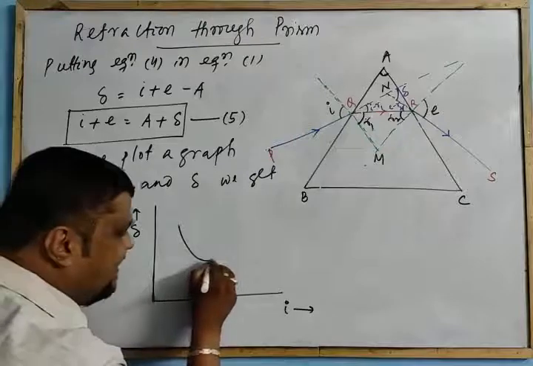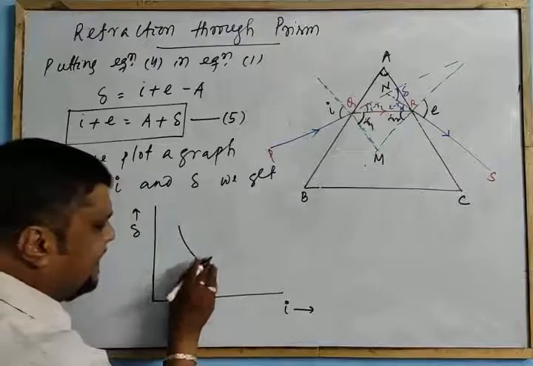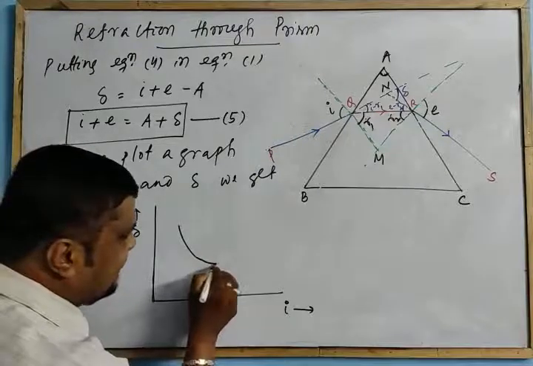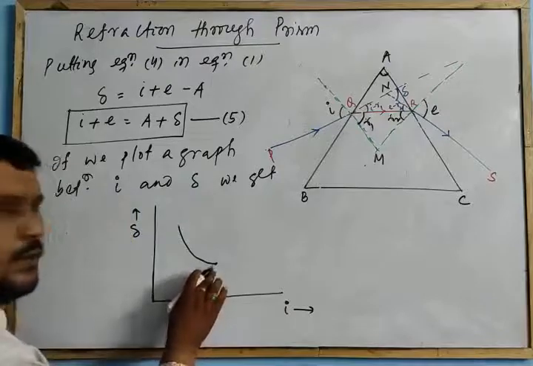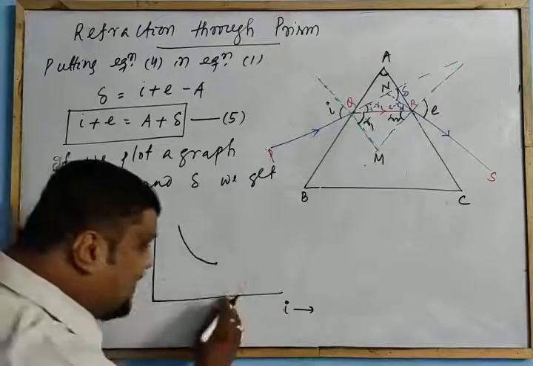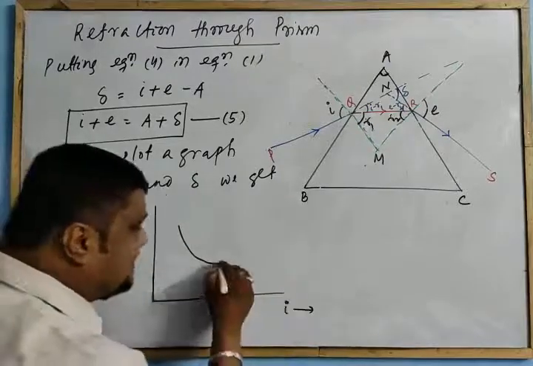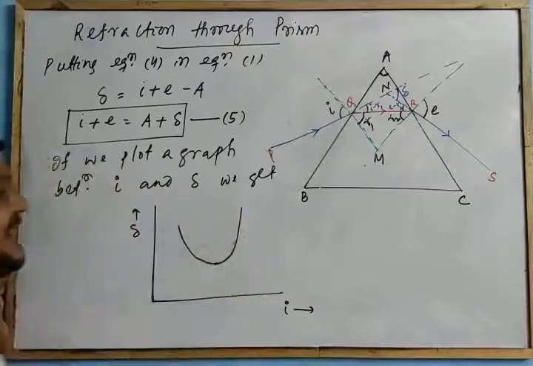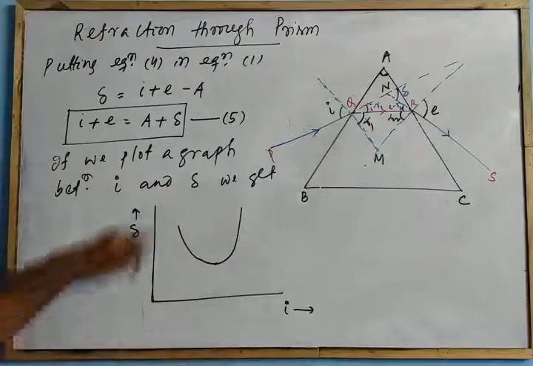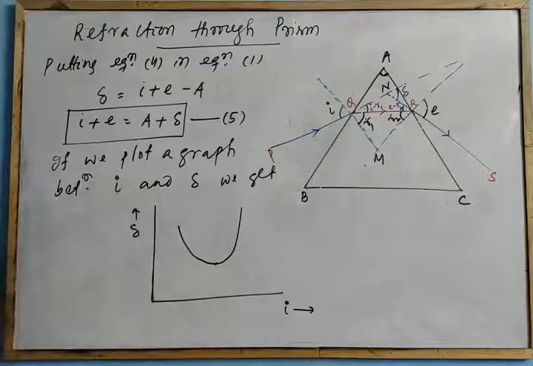It attains a minimum, lowest value like this. Then after that, if you increase the angle of incidence, you will get an increase in the angle of deviation. This is the nature of the graph for I versus delta.